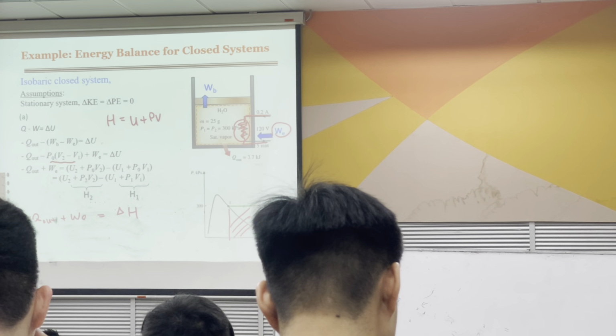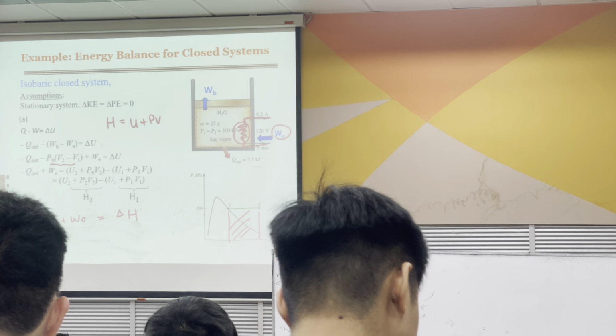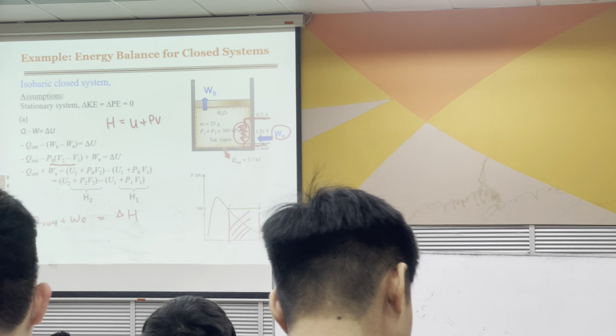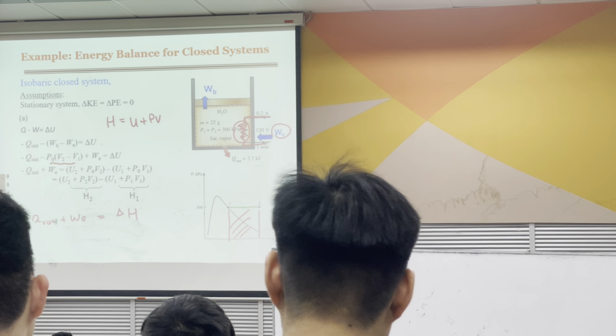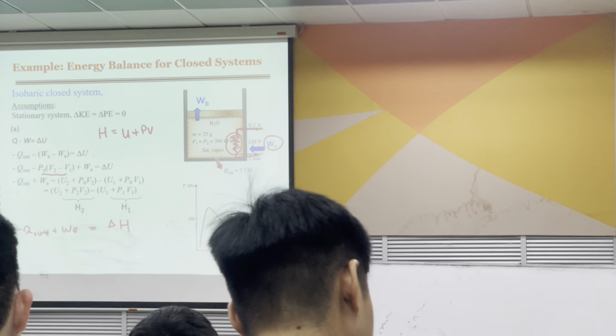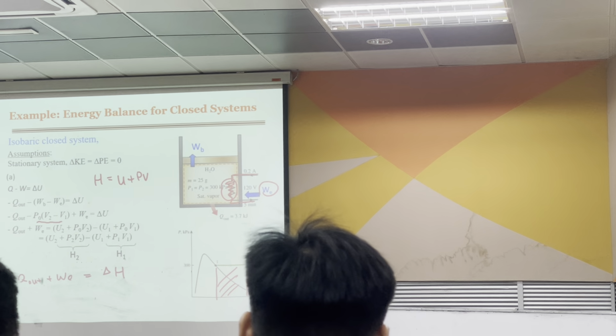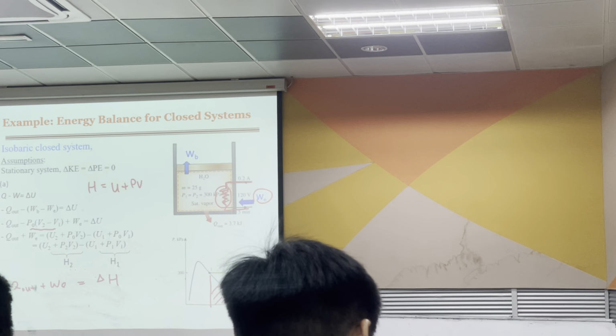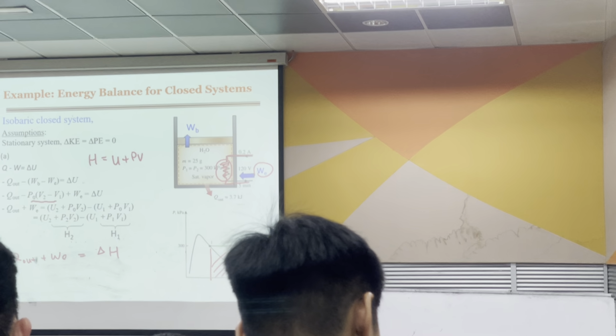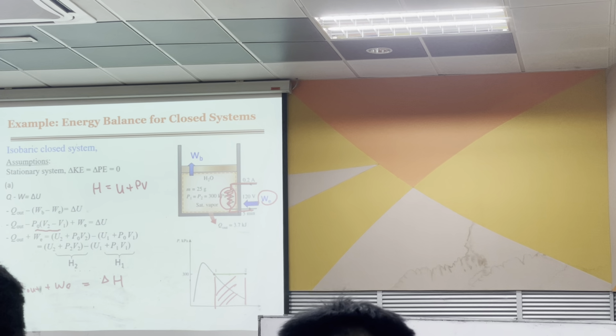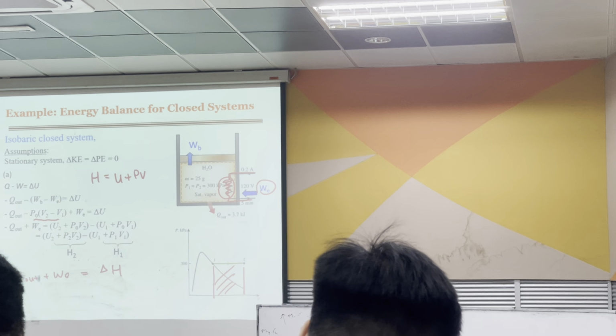So it doesn't matter whether you use delta U or put it to the right hand side to become delta H. It is just an alternative for you, because you can get the delta H value from the table, and you can get the delta U value from the table. So this is one way to simplify the process, but you don't necessarily have to use this. Of course, there are cases where this will be useful.